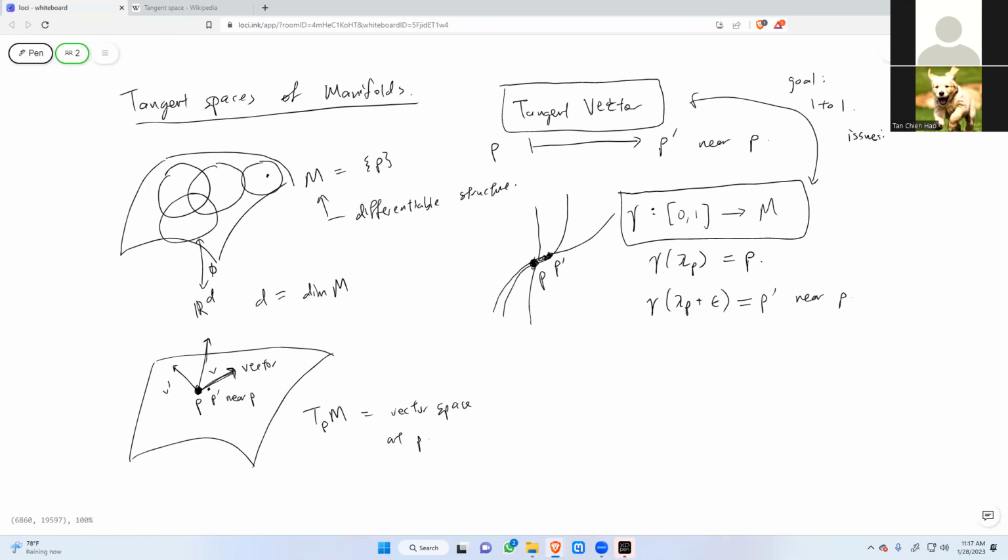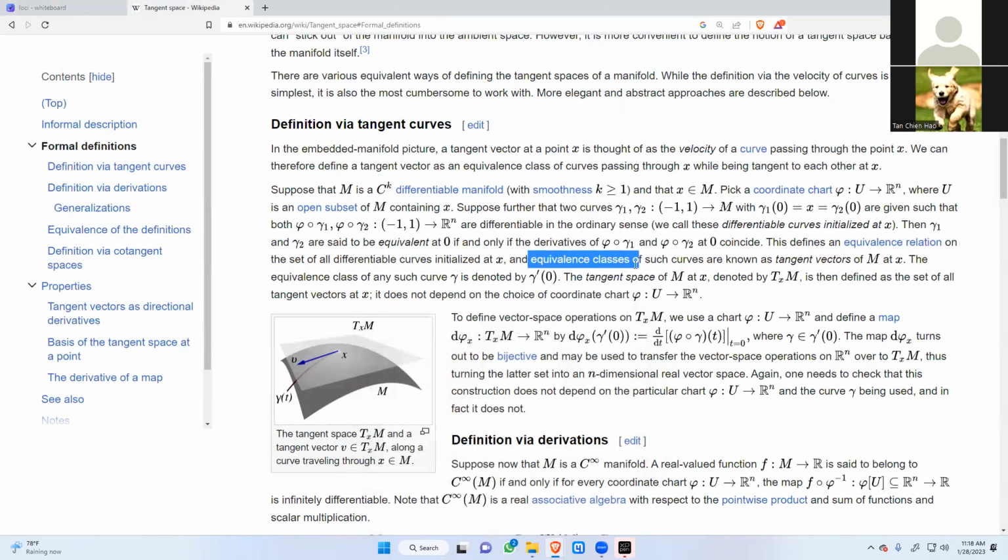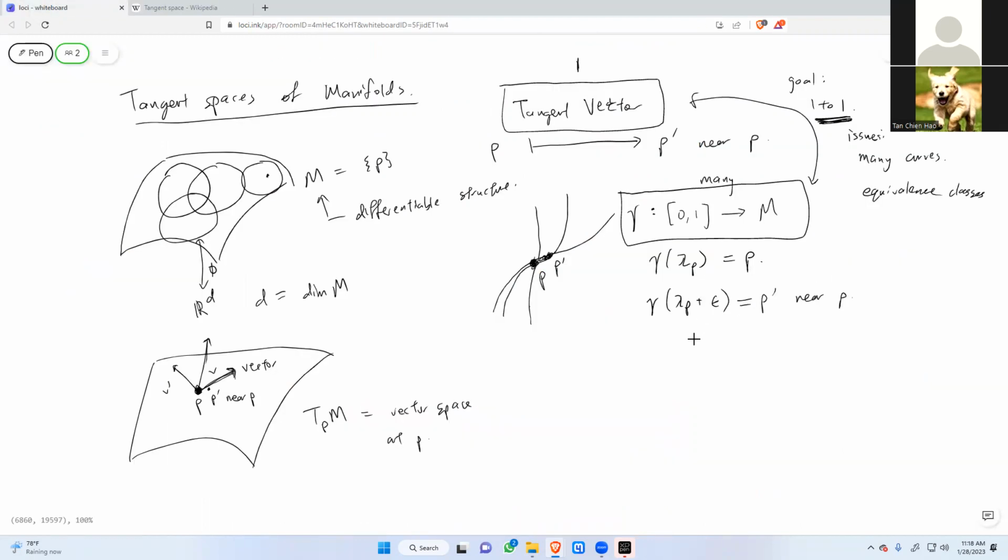So the problem is that there are many curves, and this means that the one-to-one mapping might be an issue, because it might be more like one tangent vector maps to many equivalent curves. The answer to solve that is through equivalence classes of curves, which we'll see later on. In fact, that's one of the things we see in the definition of the tangent space on Wikipedia.